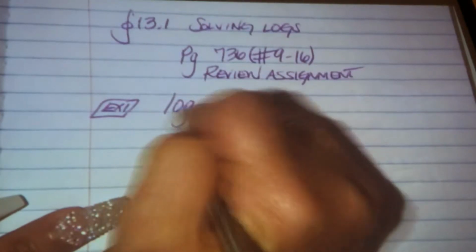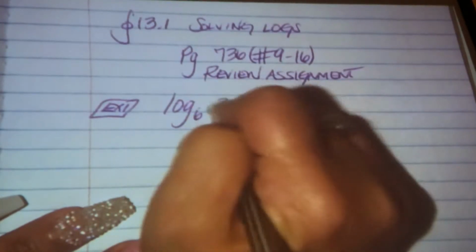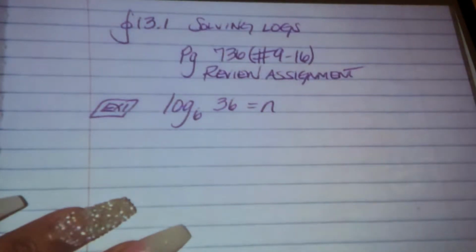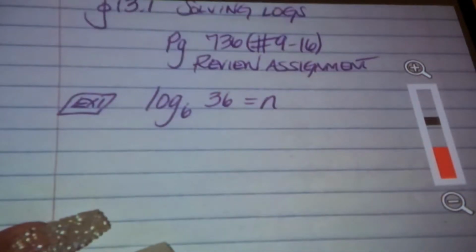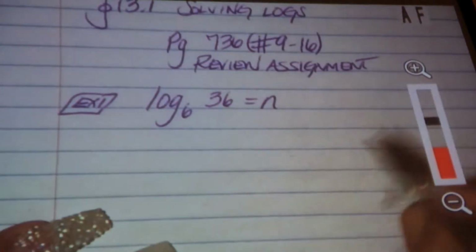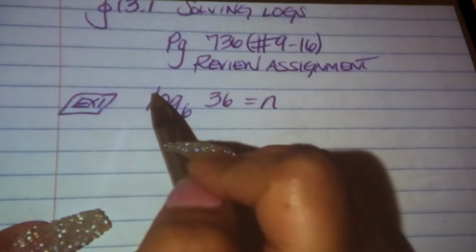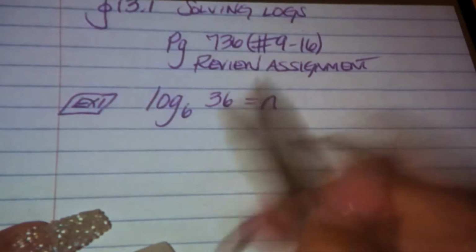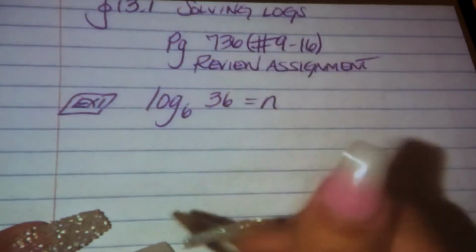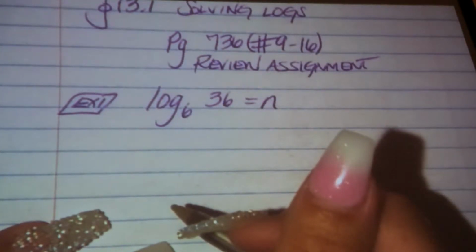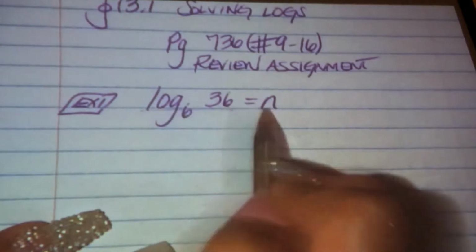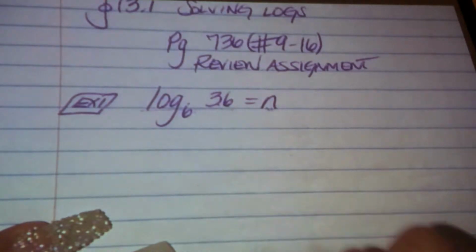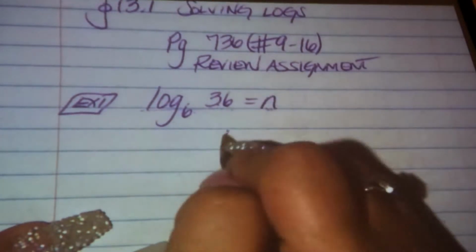If I have a log base 6 of 36 equaling n. The purpose of a log is to solve for the exponent. So if this is a log, then I've solved for the exponent. So which of these is your exponent? N. So you know that n is your exponent.